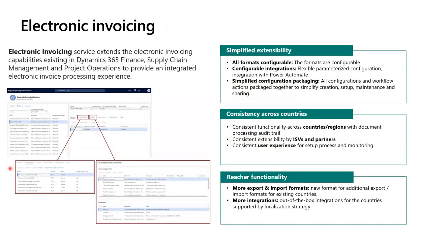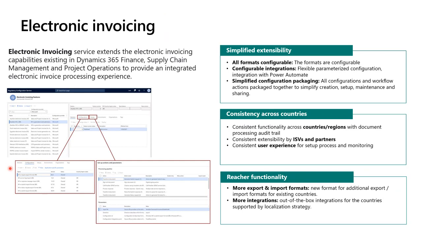So electronic invoicing extends the electronic invoicing capabilities in Microsoft Dynamics 365 Finance and Supply Chain Management. It was built over three main pillars: simplified extensibility, consistency across countries, and richer functionality.